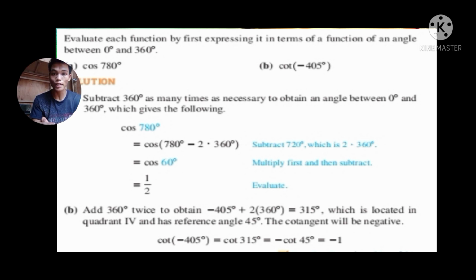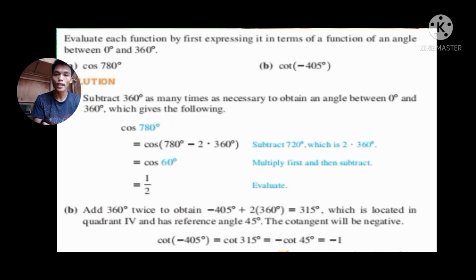It is clearly stated here in my report that we subtract 360 degrees as many times as necessary to obtain an angle between 0 degrees and 360 degrees, which gives the following. So cosine 780 degrees is equal to cosine of 780 degrees minus 2 times 360 degrees.